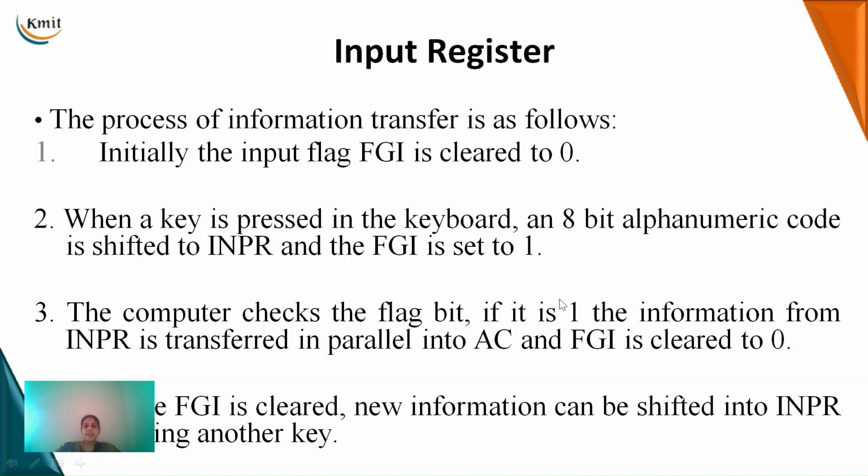Whenever it sees that the FGI flag is set to 1, it transfers the information from the input register into the accumulator. Once the transfer is done, the FGI will be cleared to 0 again. So once the FGI is cleared, new information can be shifted into the input register by pressing one more key on the keyboard.